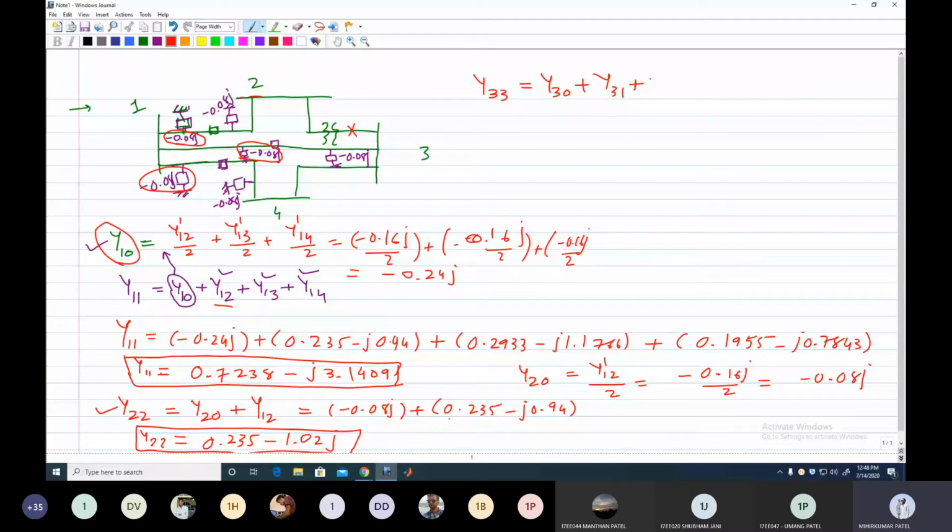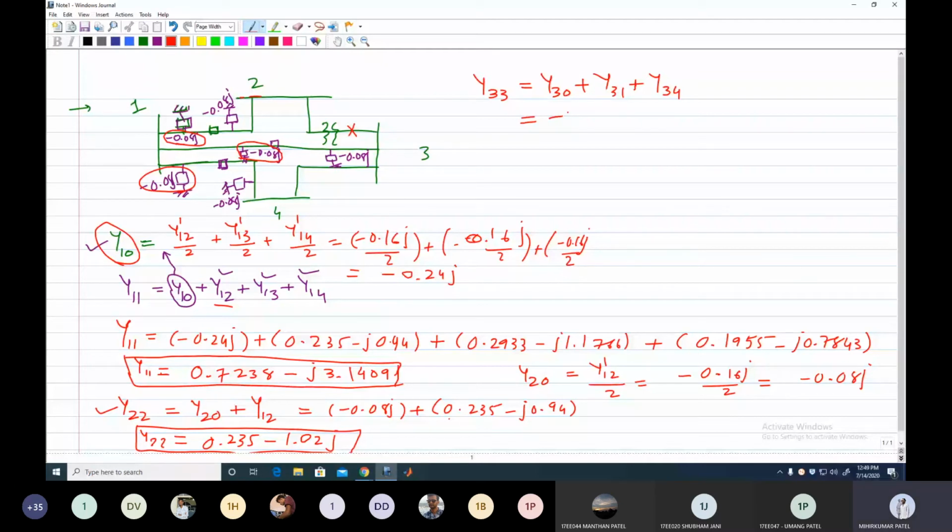Clear? Let me check. Yes, 1, 2 and 3. Now what is the value of Y30? Refer to the diagram: it is 0.08 j.